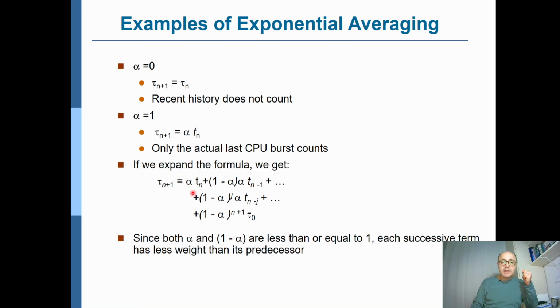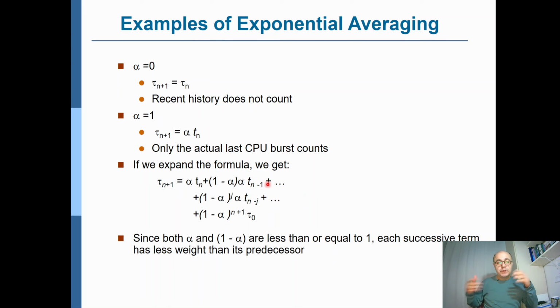And if we expand that formula, we see that tau of n plus 1 is equal to alpha times Tn plus 1 minus alpha times tau n, which was equal to alpha times Tn minus 1 plus 1 minus alpha times tau n minus 2.